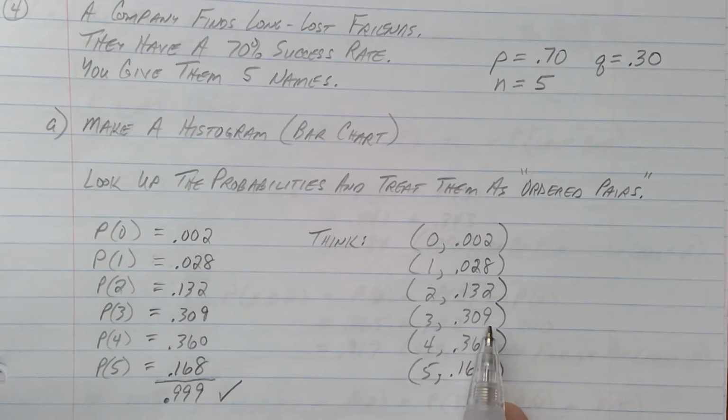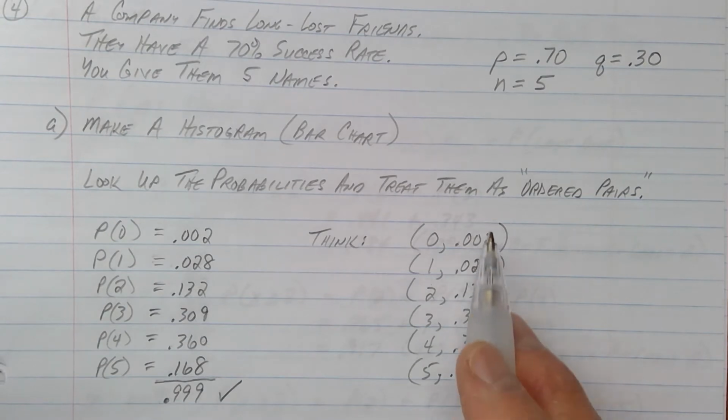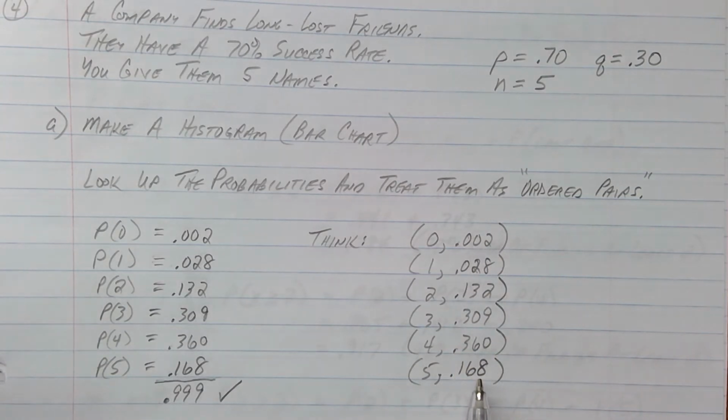This one should be 309 steps tall, this should be 360 steps tall, and this one should be 168 steps tall. So sometimes it helps if you ignore the decimal and you can see how tall each bar should be. The bar over the 4 should be the tallest, and the bar over the 3 should be the second tallest. That helps a lot.